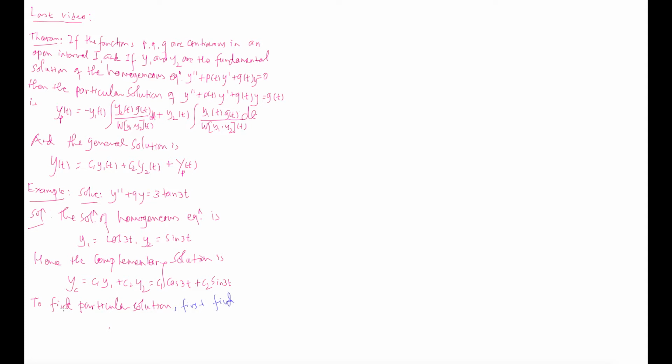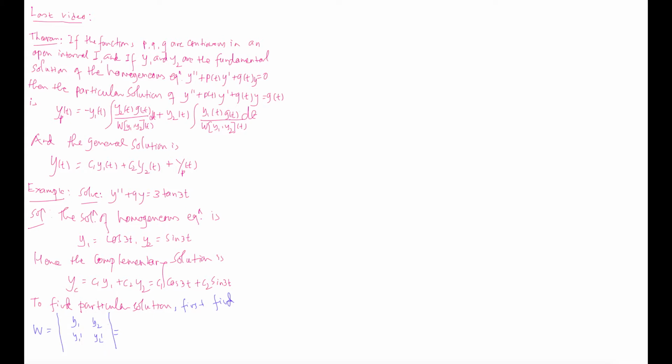How do I find the Wronskian? For a second order ODE, the Wronskian is the determinant of the matrix with y1, y2 in the first row and y1 prime, y2 prime in the second row.